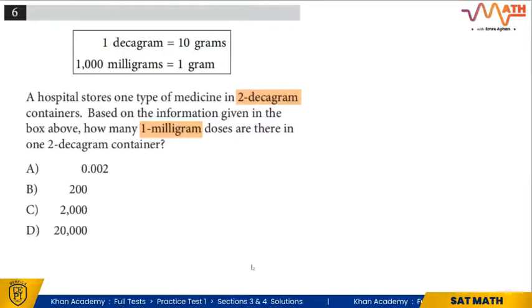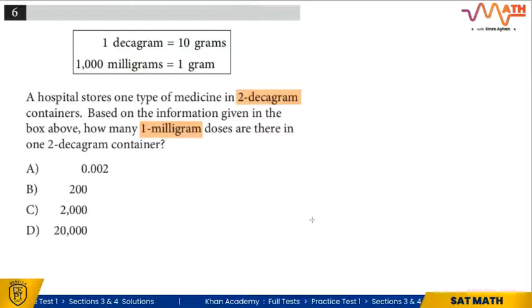Number 6. A hospital stores one type of medicine in 2 decagram units. Based on the information given in the box above, how many 1 milligram doses are there in 1 decagram container?